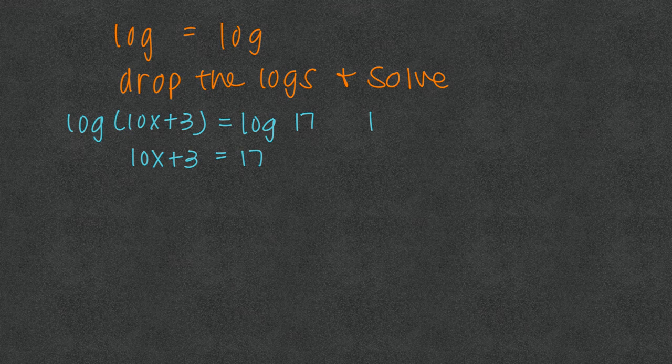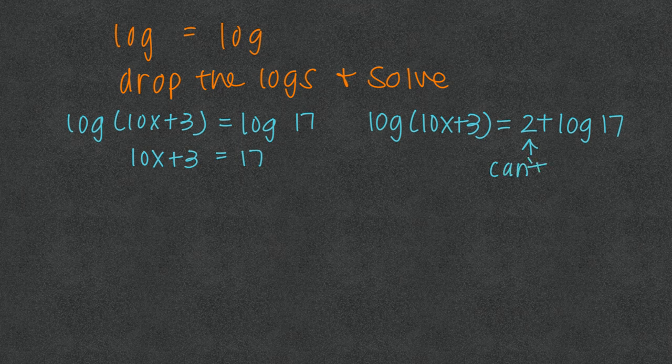But if I have log of 10x plus 3 equals 2 plus log 17, I cannot do the property for that one because of that +2. I can't drop the logs there because of that +2.